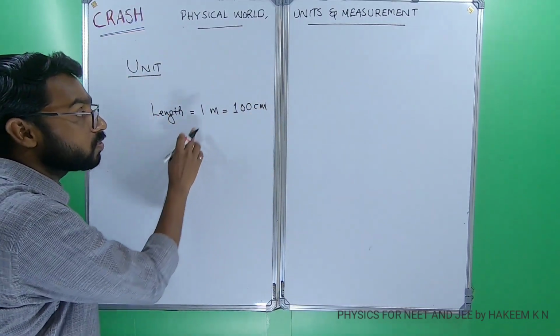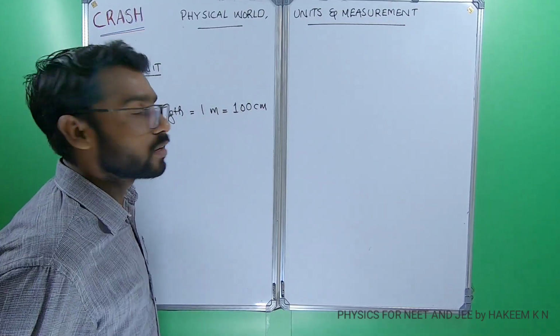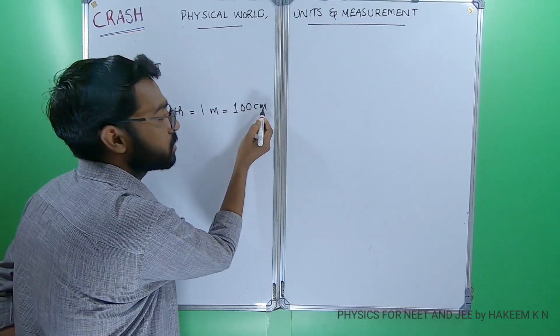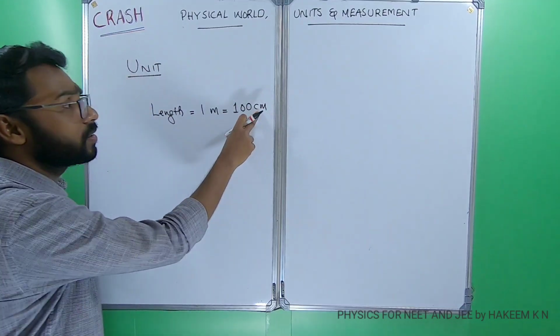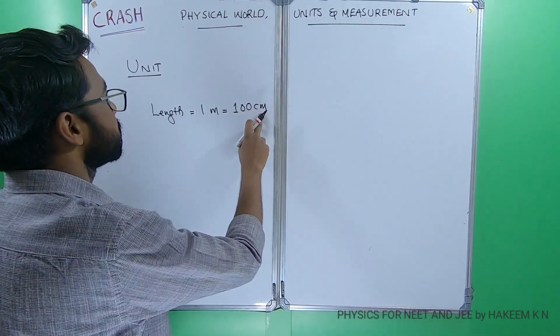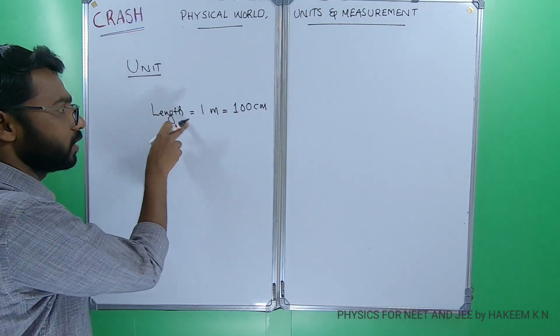Length is the quantity and 1 is the numerical value, meter is the unit. Meter and centimeter are internationally accepted standard references. They are used to represent the physical quantity length.